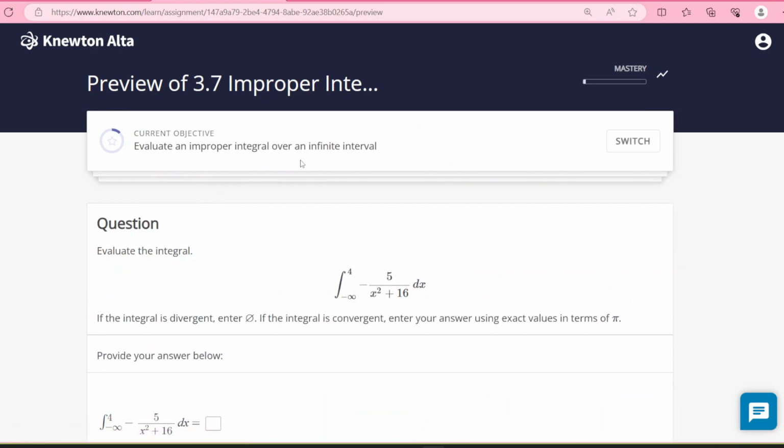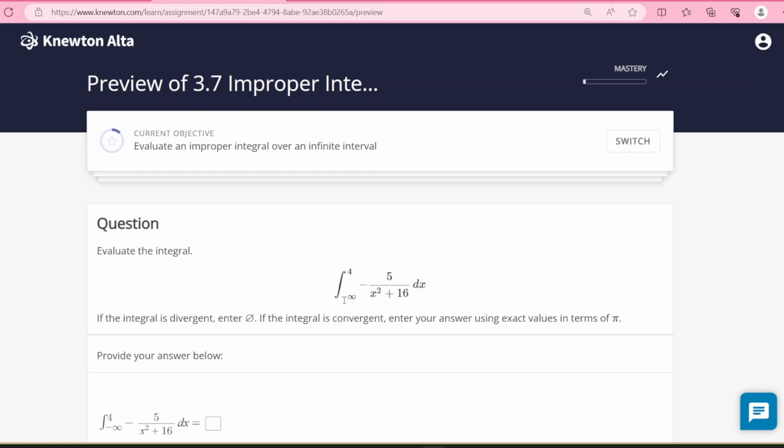All right, so here's another one, very, very similar, where the lower limit is infinite and the upper limit is not. Again, if both were infinite, we'd have to split it up into a sum of two integrals where only one of the limits of integration was infinite. Just be careful.